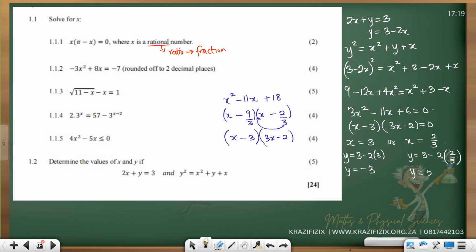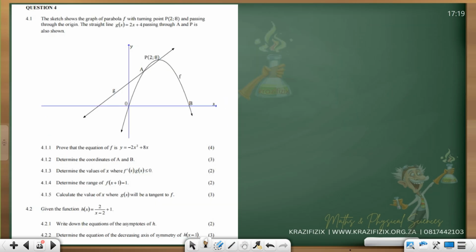That is 3 minus 4 over 3. 9 minus 4 is 5. I don't know if those were the answers you got. All right, beautiful. Those are the answers you got. Check. Look at 24 marks. Routine 24 marks. Oh, we have another function question.